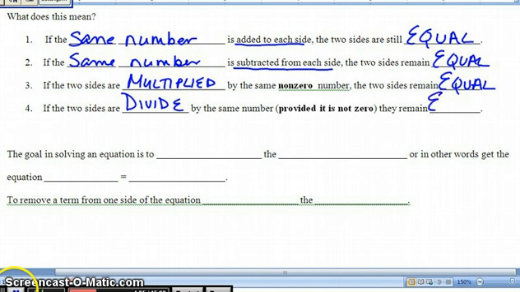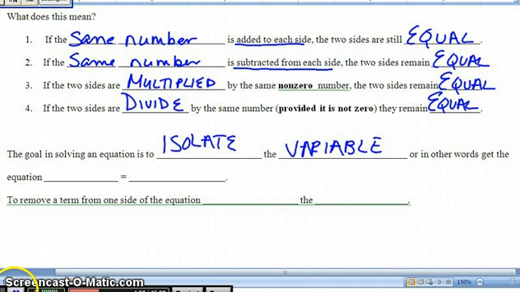So your goal when you're solving an equation is to isolate or get that variable on the side all by itself. So we want to get the variable on one side and all the integers on the other.